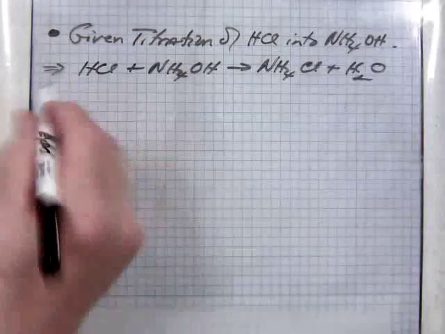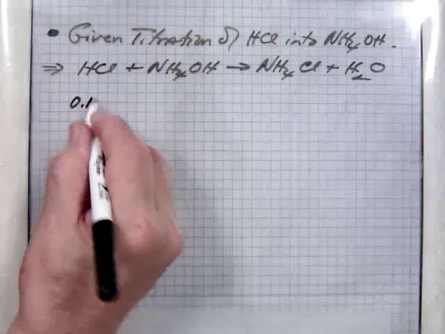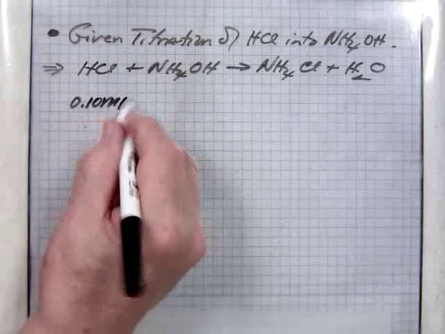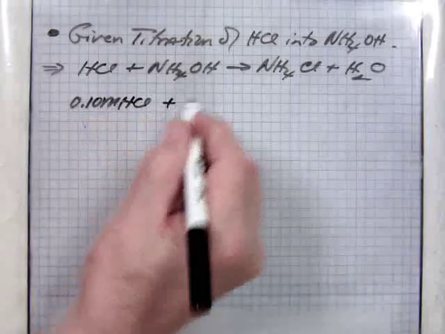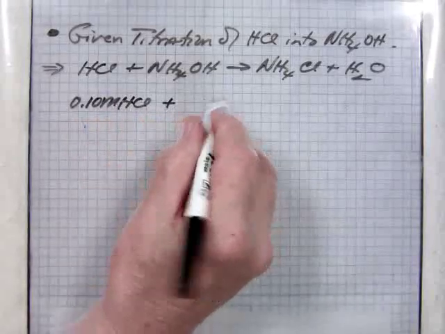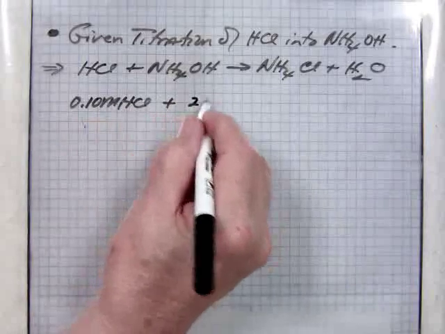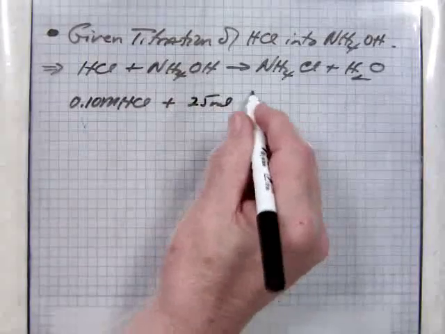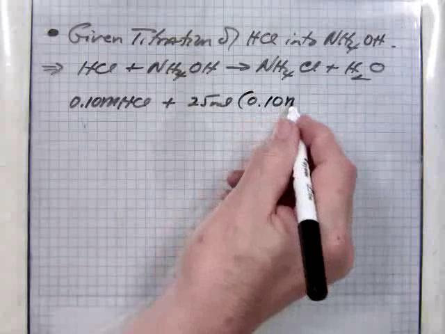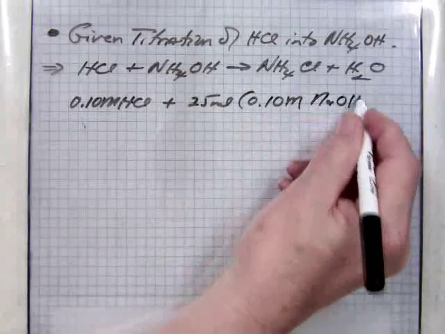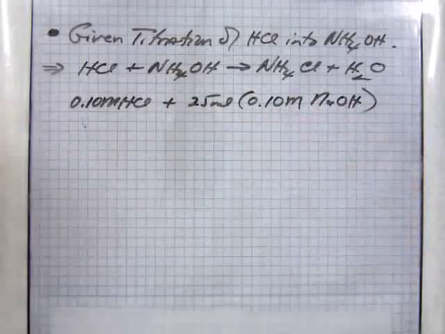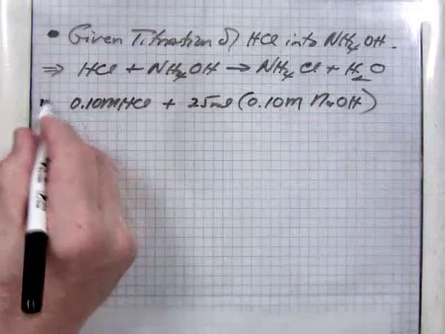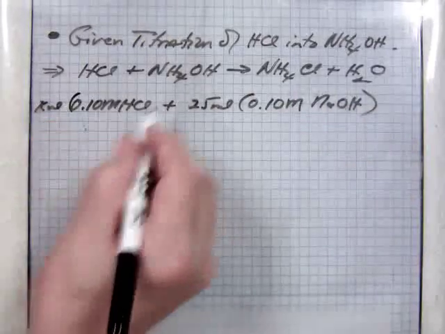So let's say you start with a 0.10 molar HCl, you're adding this into 25 milliliters of 0.10 molar ammonium hydroxide. Okay, and so X mils is what you decide to add.